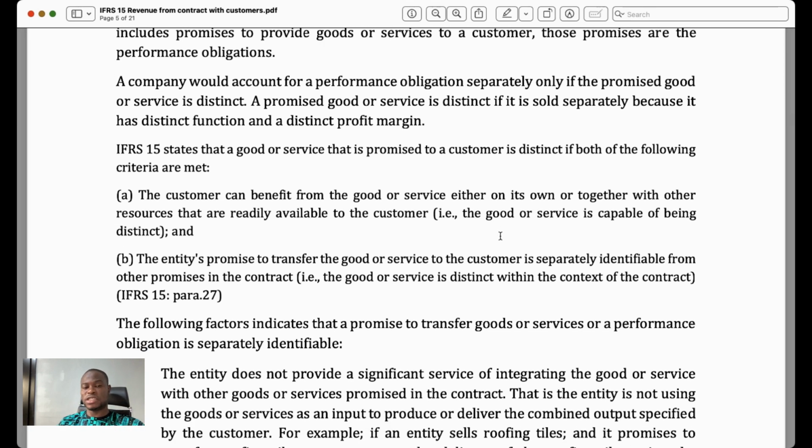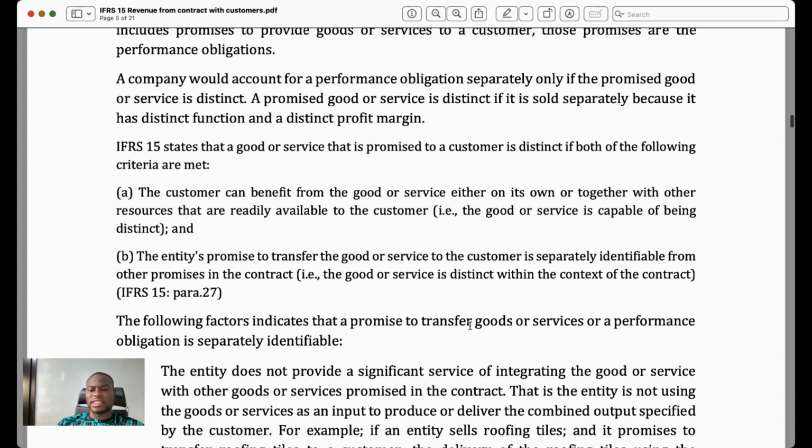Two is that the entity's promise to transfer the good or service to the customer is separately identifiable from other promises in the contract. Is separately identifiable. So this also means that a particular good or service you want to offer to a customer, if it is separately identifiable, then recognize the revenue on its own separately. Okay?